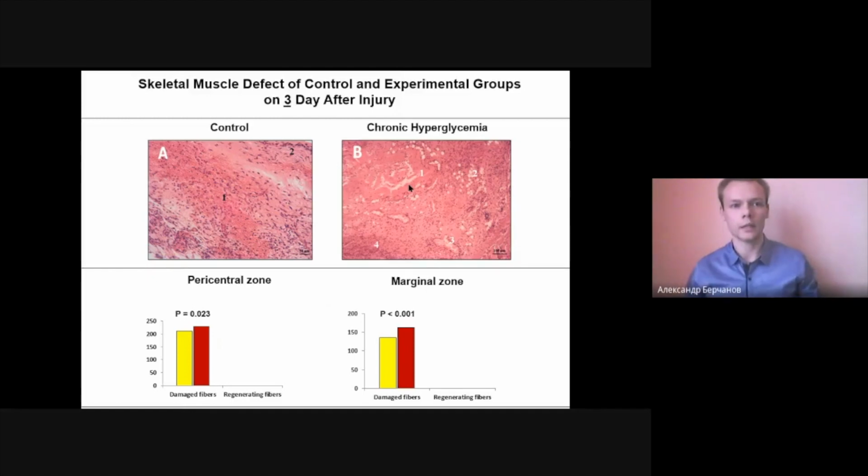The morphometric analysis has shown that the damaged fibers number in experimental rats was high compared to control animals. No regenerated muscle fibers were identified at this stage.